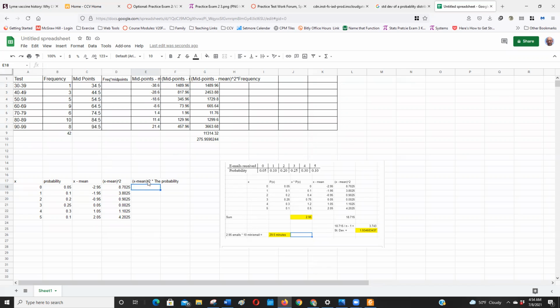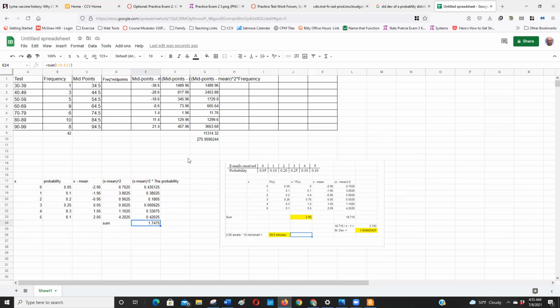So I'm going to multiply each of those values, the probability by that x minus mean squared. And then we'll find the sum of those. So that's the sum. This number here corresponds to this number here.